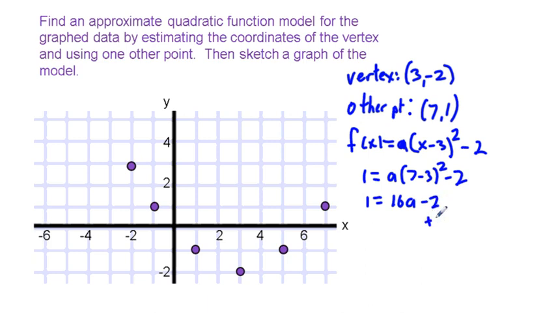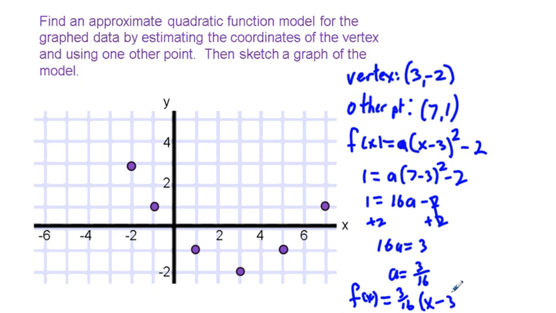And if we add 2 to both sides of this equation, we get 16a equals 3. So a is equal to 3/16. And then, so our quadratic function is going to be f of x equals 3/16 quantity x minus 3 squared, and we put minus 2.